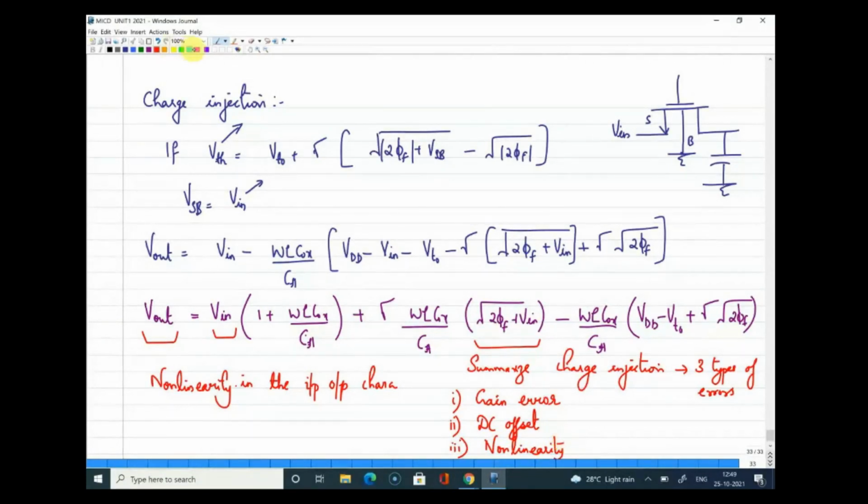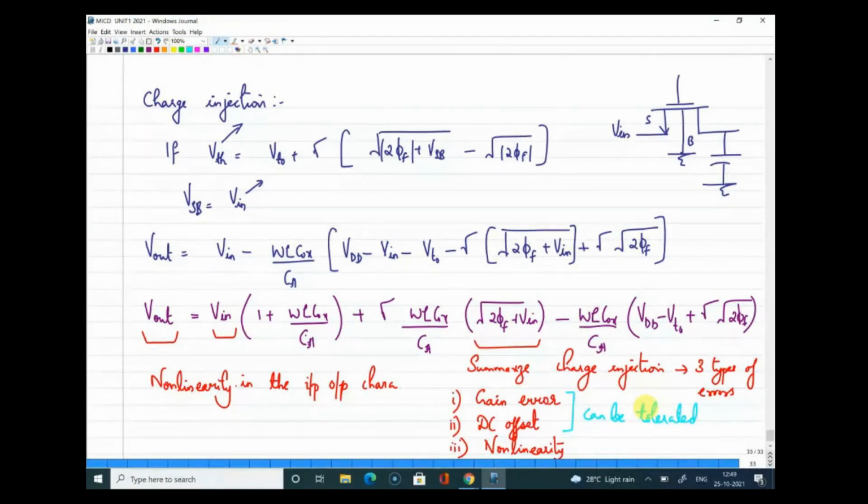Now, if you look at the seriousness of these errors, the first two can be tolerated, or we can do something to remove them. There are mechanisms and solutions to remove the charge injection problem.